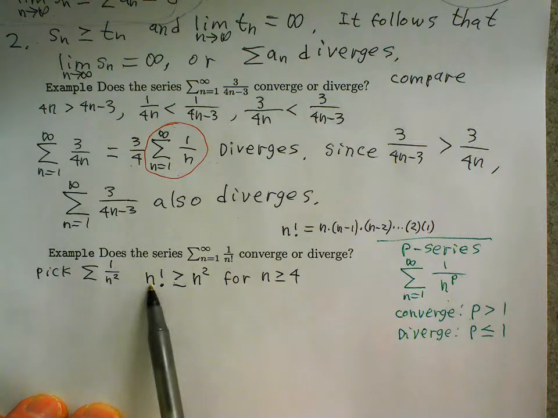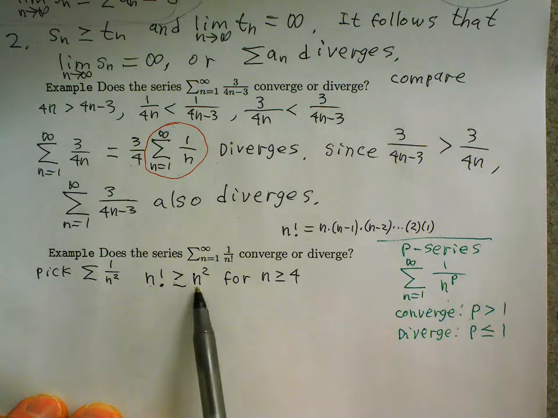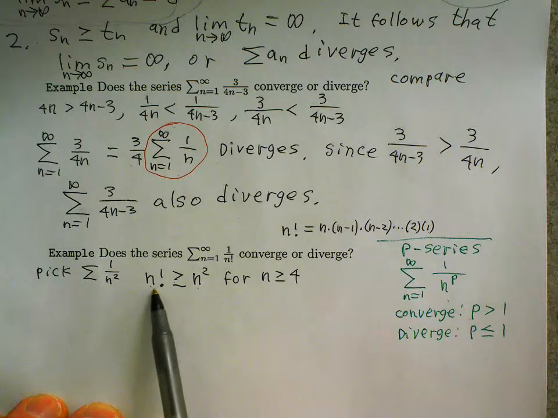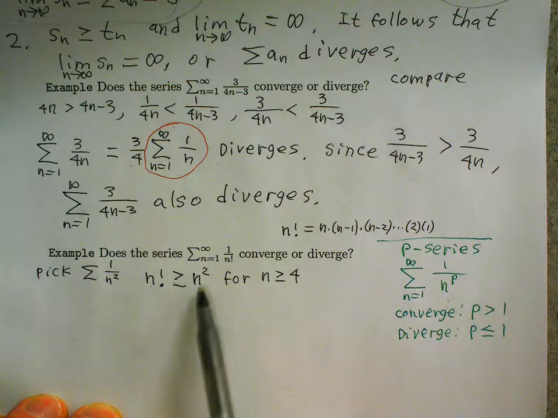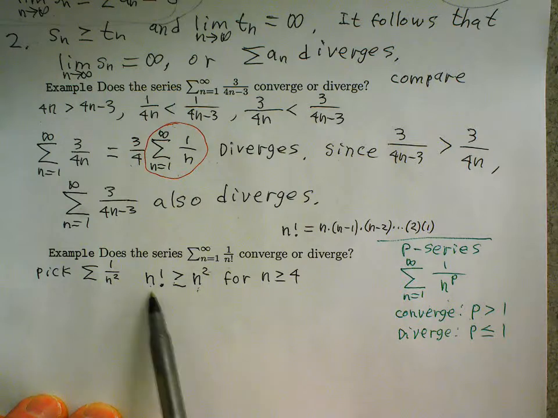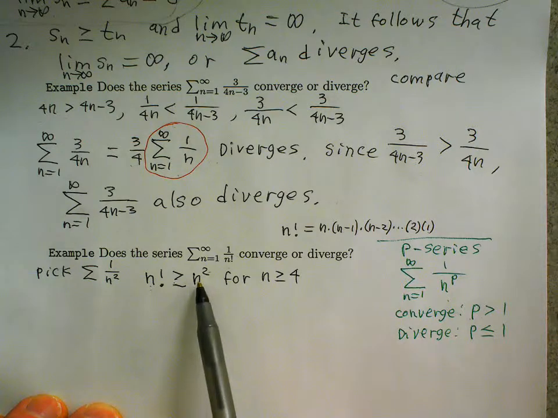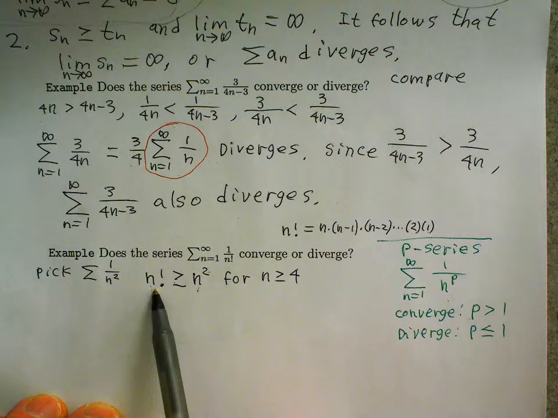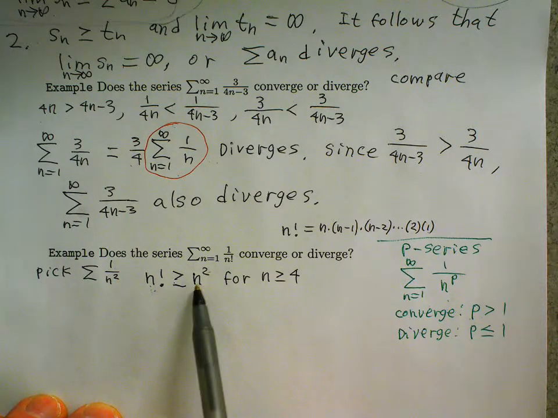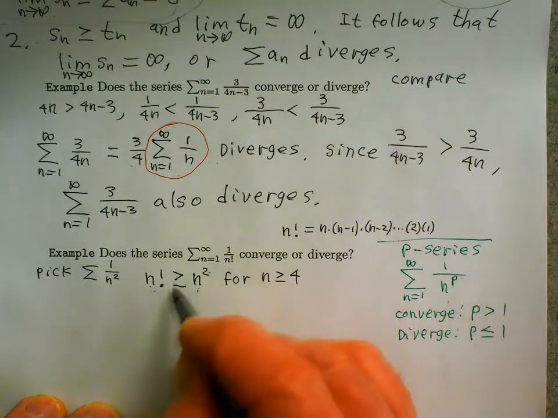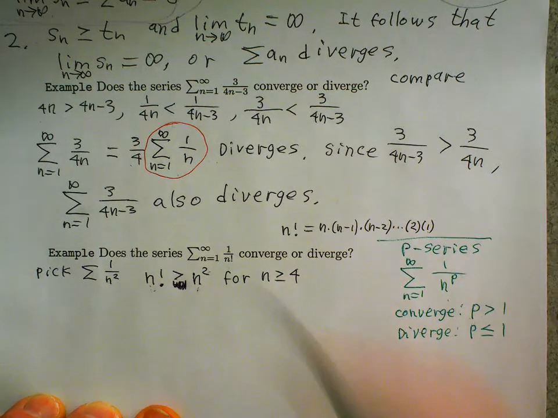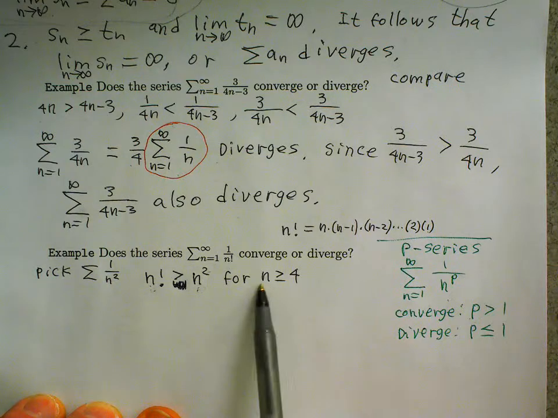When n is 1, they are equal. 1 factorial equals 1 squared. 2 factorial is just 2. That's smaller than 2 squared. 3 factorial is 3 times 2, which is 6, which is smaller than 3 to the second. And then 4 factorial, 4 times 3 times 2 is 24. 4 squared is 16. So n factorial is strictly greater than n squared for n greater than or equal to 4.